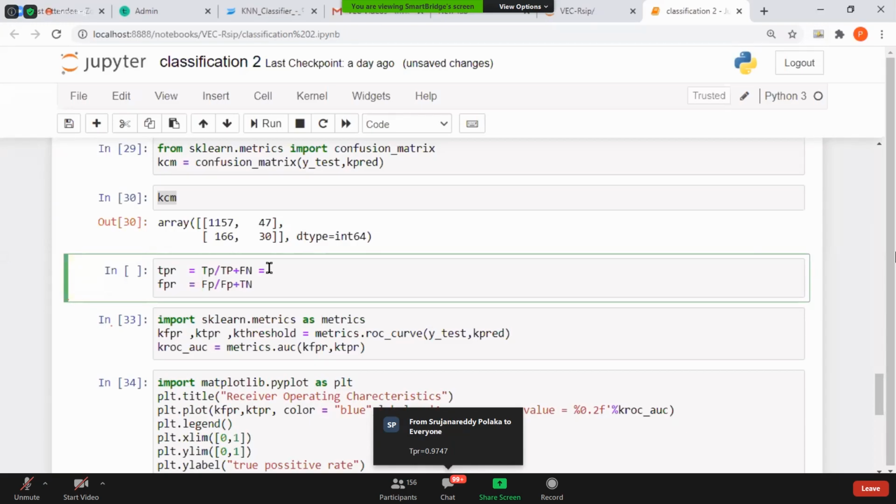Here I got it as 0.96. Right. Now, FPR, 0.610. Yes or no?